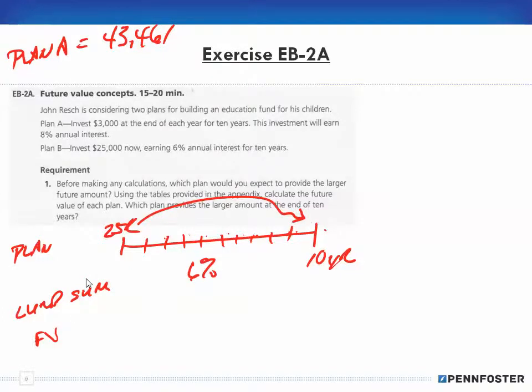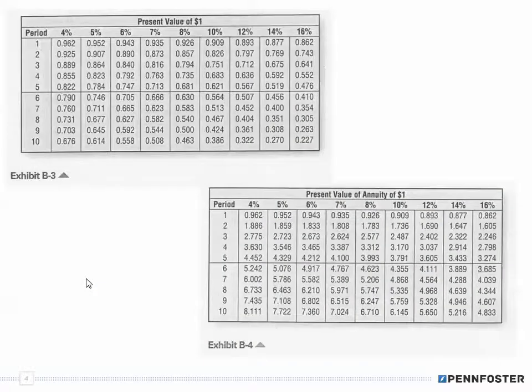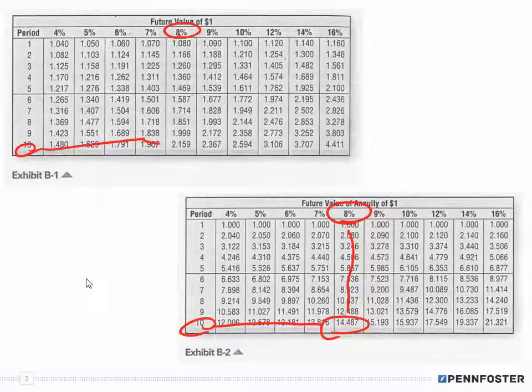So we're going to look at the future value here at 8%. I'm sorry, not 8%, 6%. 6% for 10 years, and that gives me a factor of 1.791.